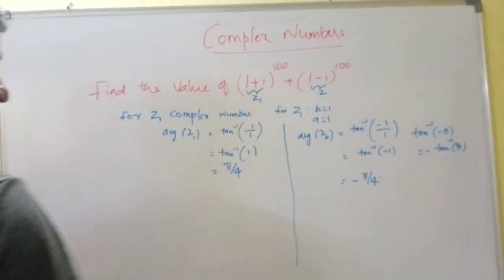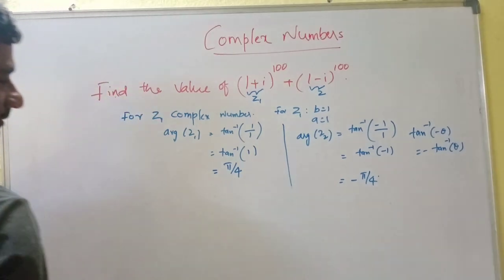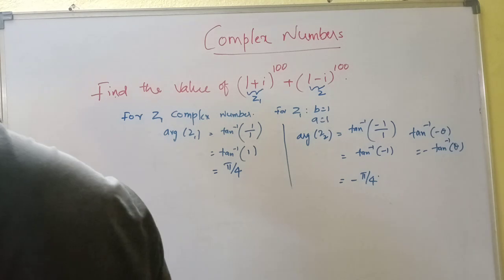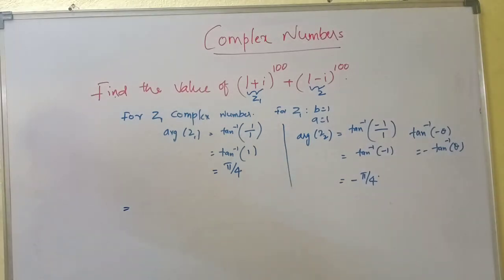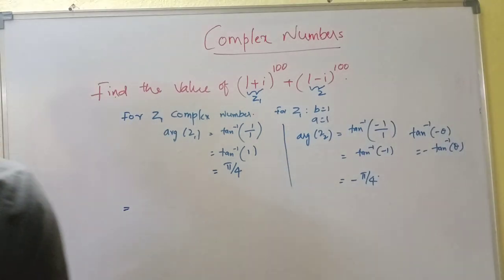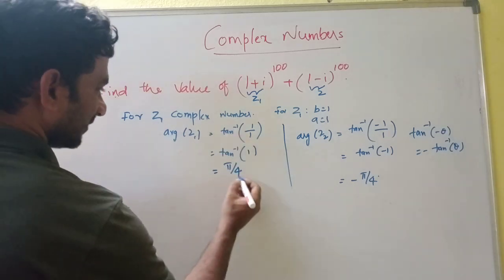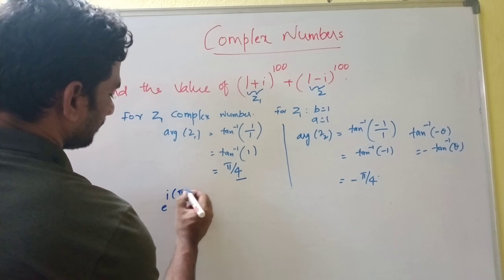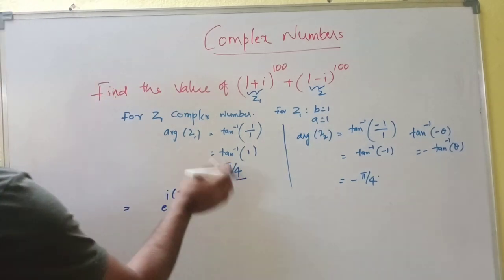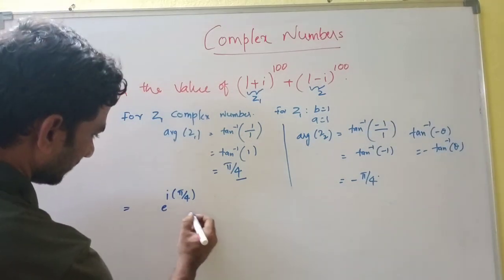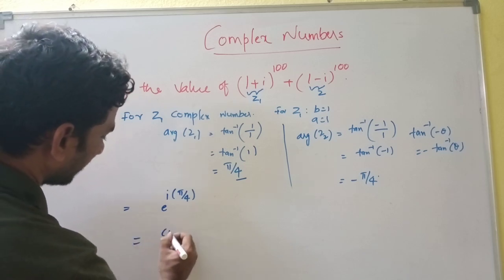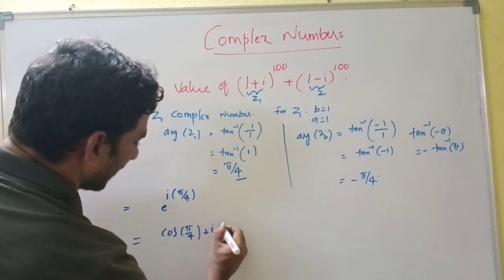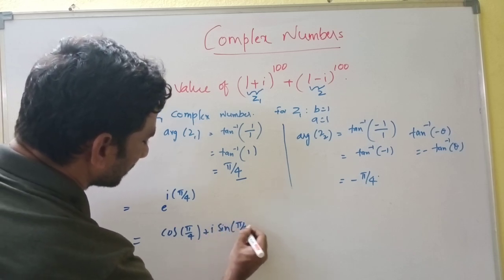Now write this using Euler's formula. How can you write Euler's formula? e power i pi by 4 equals cos pi by 4 plus i sin pi by 4.